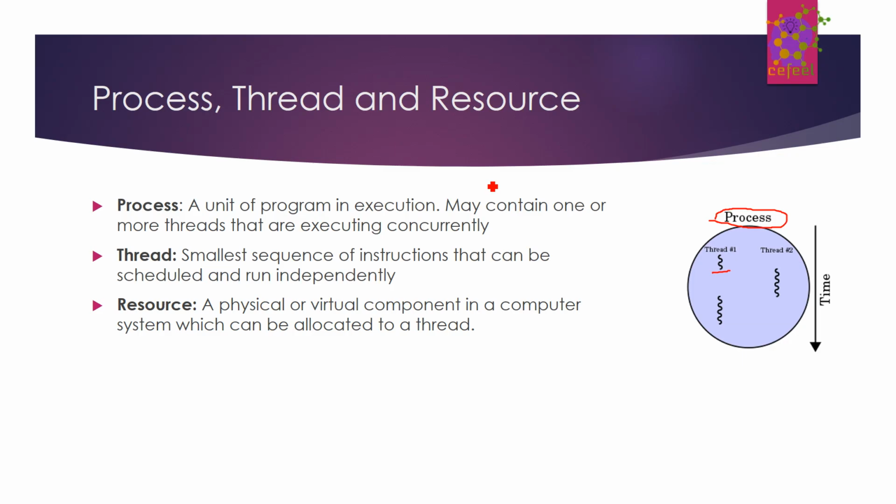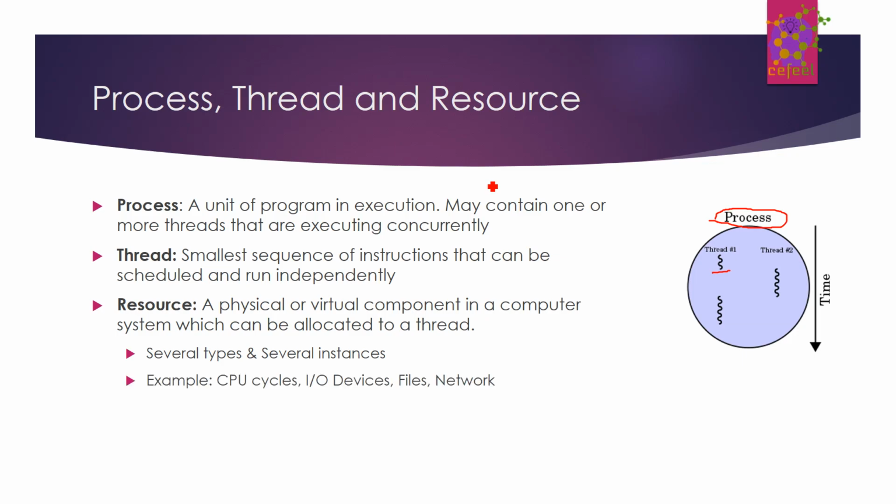And then comes resource. A resource is a physical or virtual component in a computer system that can be allocated to a thread. Let's say the monitor is a resource because the monitor is used to display a video. The keyboard could be a resource, and similarly the CPU is a resource because programs have to be scheduled on the CPU. So these are a few resources, and resources can be of several types, and each resource might also have multiple instances.